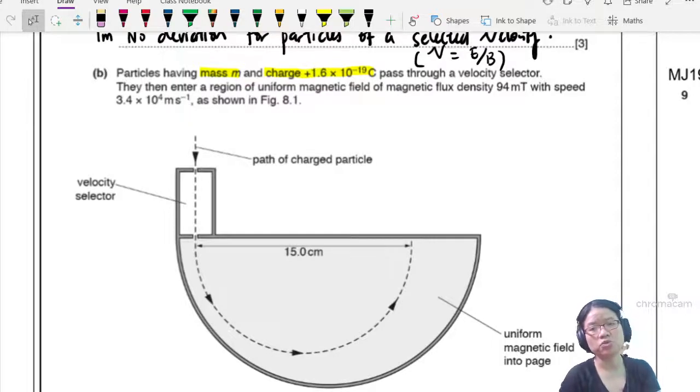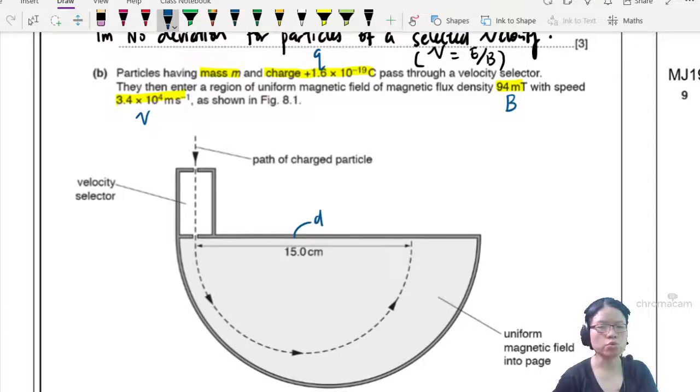They enter a region of magnetic field with magnetic flux density 94 millitesla and speed this much, as shown in figure 8.1. Let me just assign some values. This is Q, this is B, and this is V. You can see this is the diameter. Diameter is 15 cm.